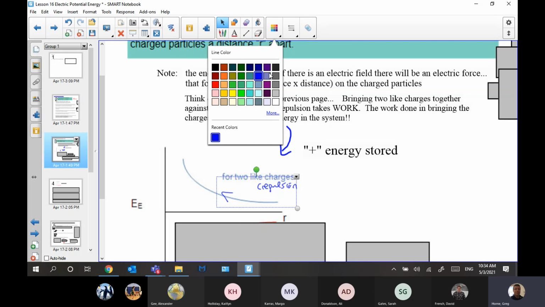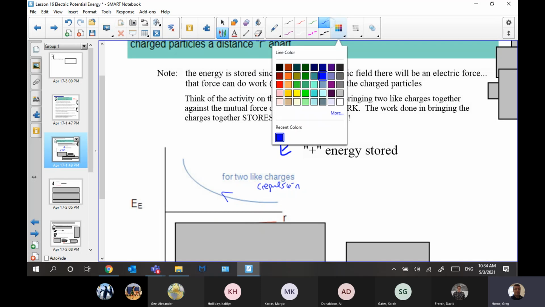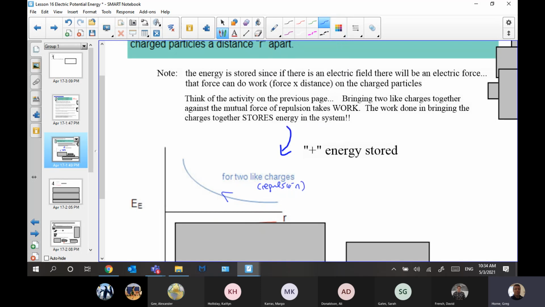You're like pushing on magnets or charges. I'll say magnets next time we talk about this, I'm sure. Anyways, it's a repulsion situation, so you're pushing in the direction you're actually moving them to store energy in the system. And so the closer you push them together, the more energy is stored, the more they'll be able to repel when you let go.